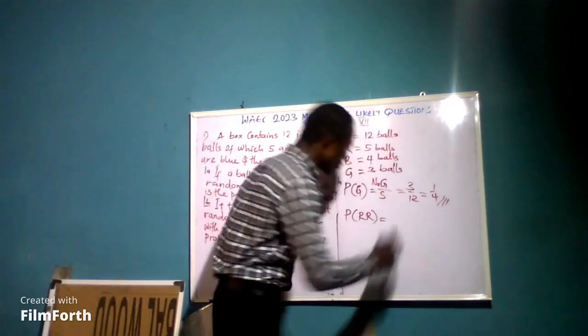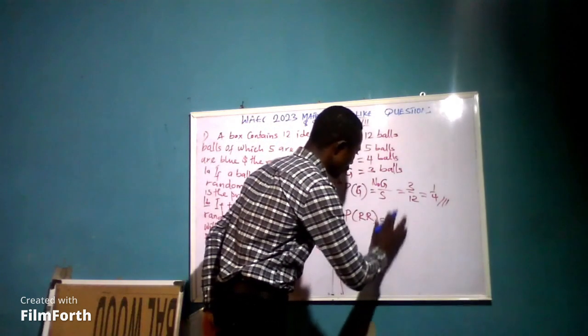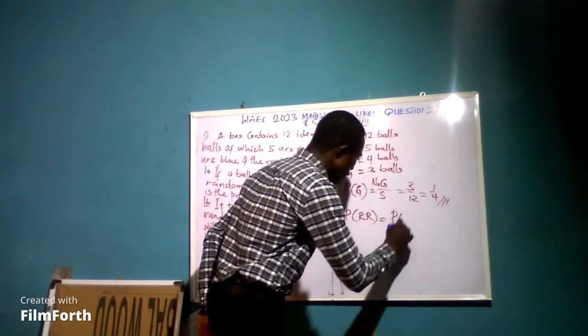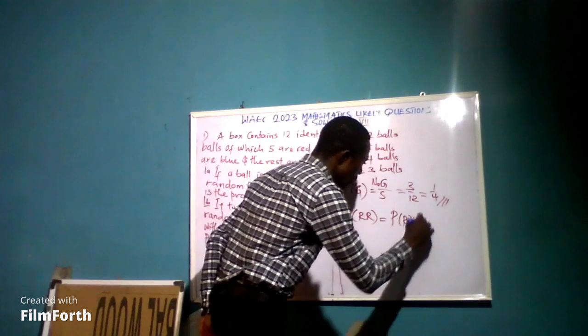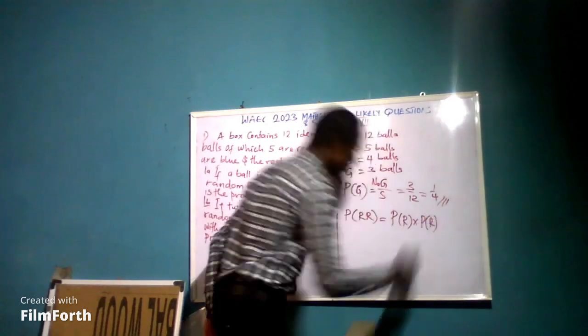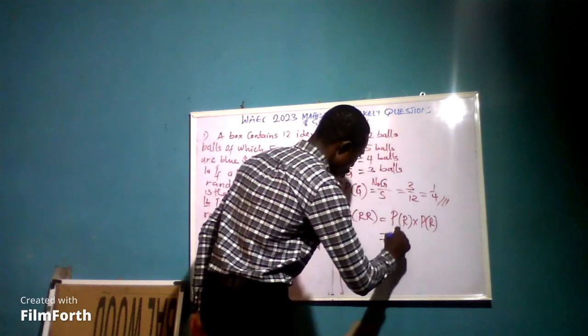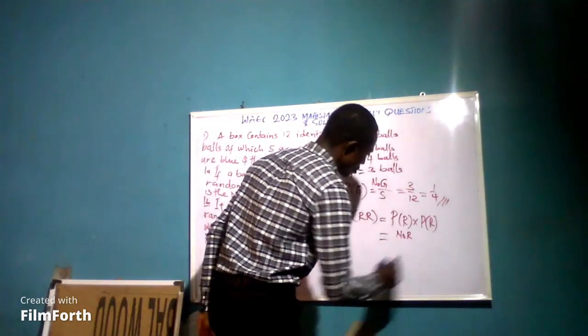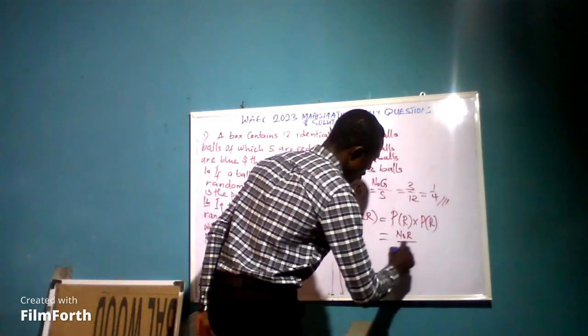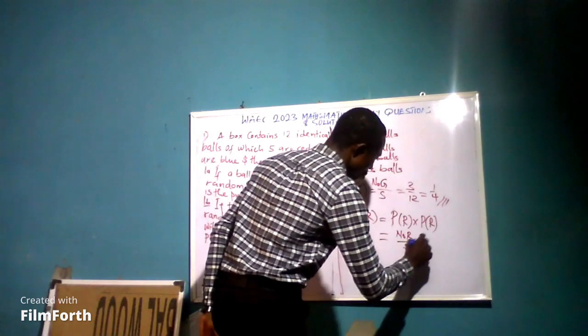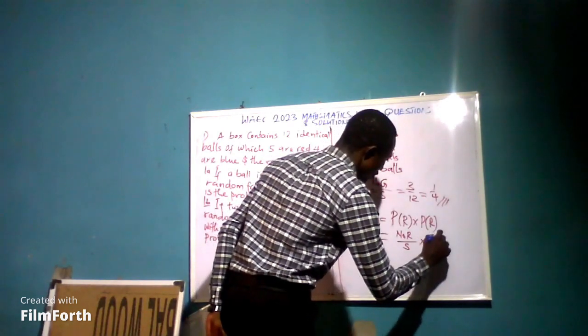That will give us the probability of red times the probability of red, which is equal to the number of red all over the sample space multiplied by the number of red all over the sample space.